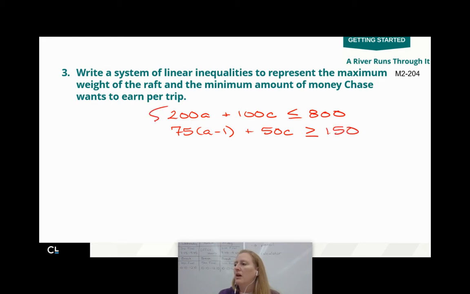Oftentimes for a system, we'll put this little bracket on it so we know they're together, but this is a system of linear inequalities. Just like we've done before, where we had two equations and two variables which created a system of equations, we have two inequalities in two variables, which creates a system of inequalities.